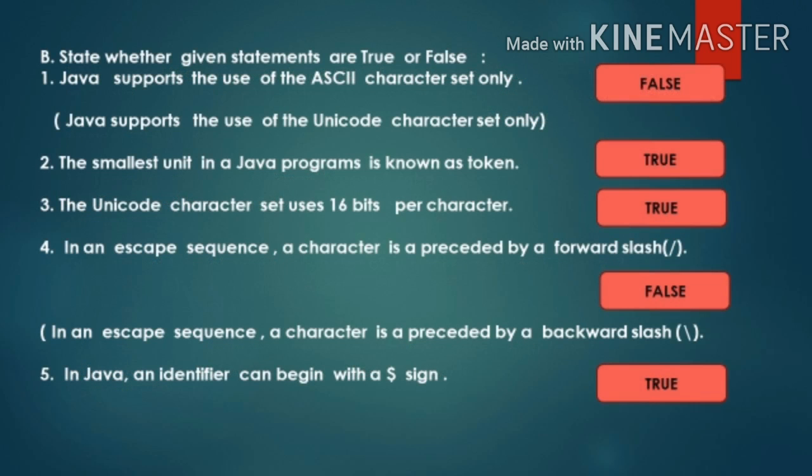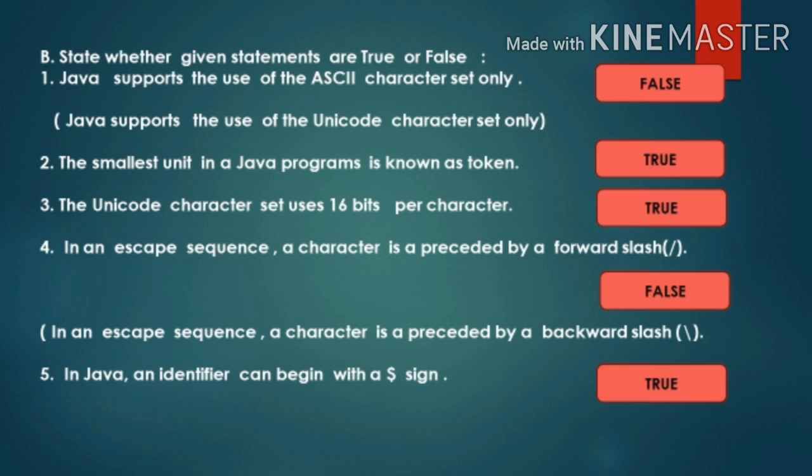The next slide contains some true and false statements. Question number B. State whether given statements are true or false. Question number 1. Java supports the use of ASCII character set only. False.